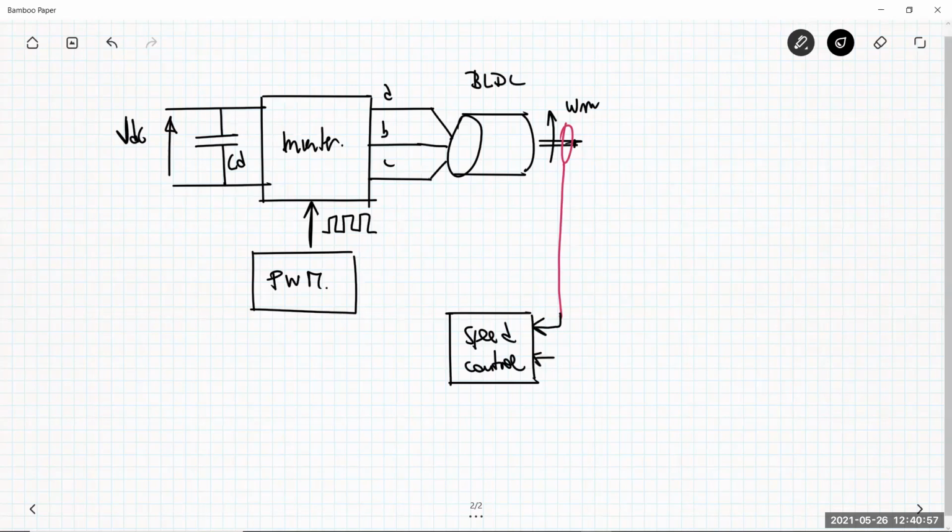Here I have a reference. This is the reference speed, so the speed I want to get at the output. This speed controller generates a current. Let me call this current I star, because it's a reference for the current controller.